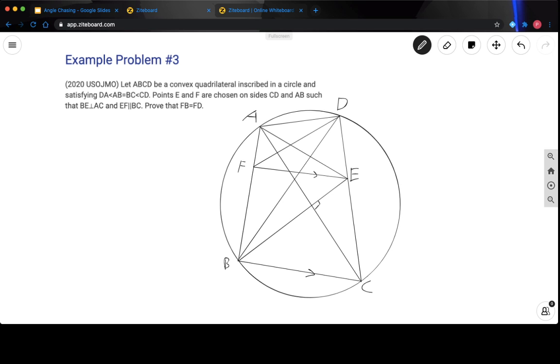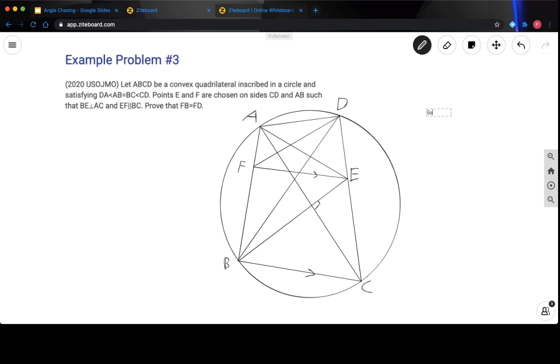So we construct triangle FDB, and rather than directly prove that FB is equal to FD, we can change this into proving that angle FDB is equal to angle FBD, since this means that triangle FDB would be isosceles, and hence FD would be equal to FB.